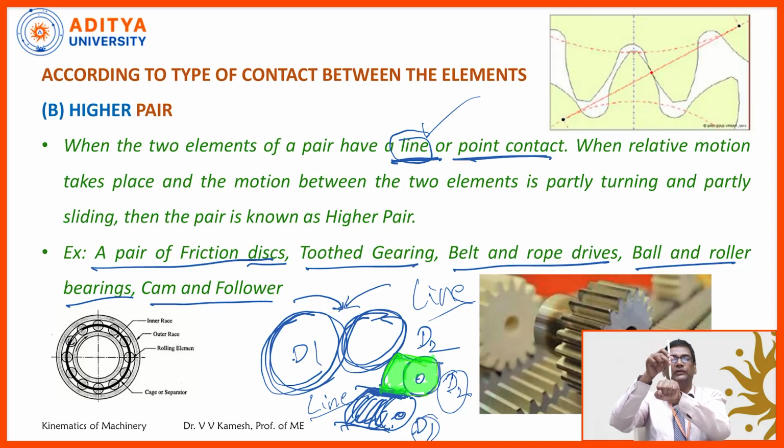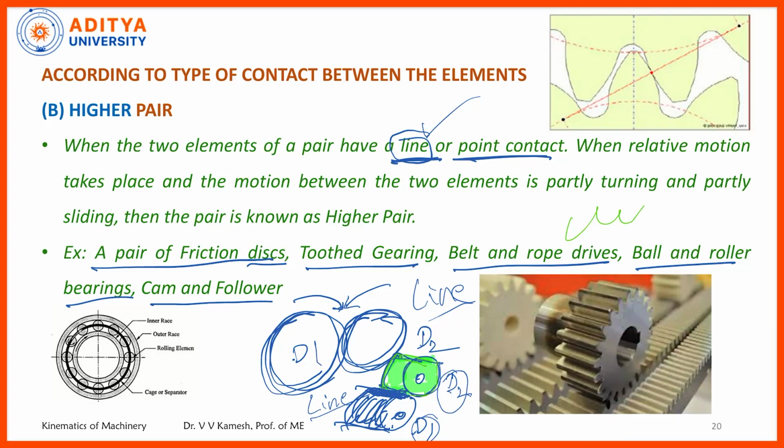So if this is the cam and this is the follower, it is moving up and down, right. Now what is the contact between these two surfaces? This is link number 1, this is link number 2. What is the contact between these two links? Only a single point. So sometimes you may have line contact, sometimes point contact, in the cam and follower.